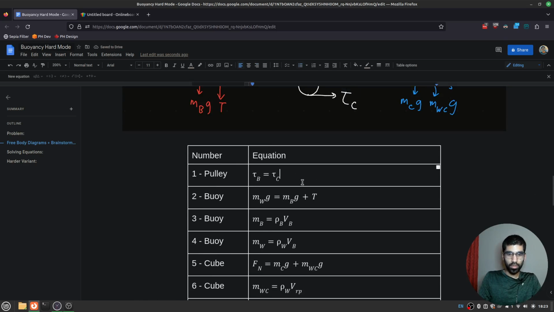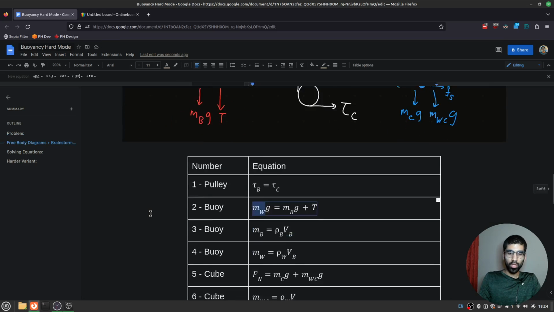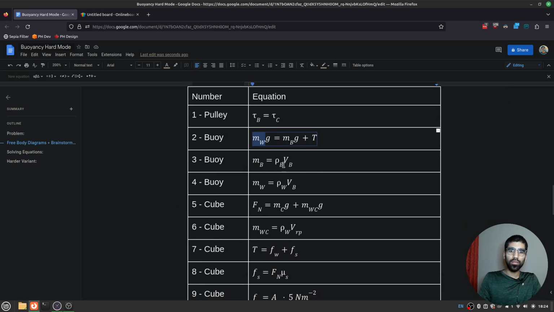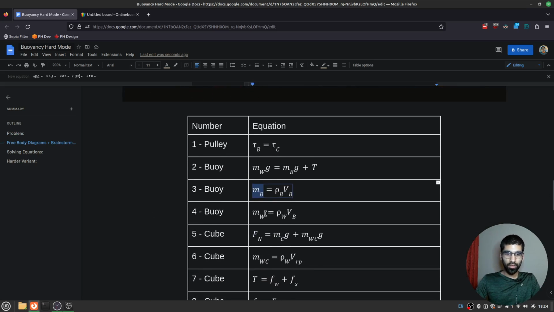Anything else that needs conversion? Mass of the water displaced. We dealt with that. The mass of the buoy, is that given in, we don't know that yet, we'll figure it out.